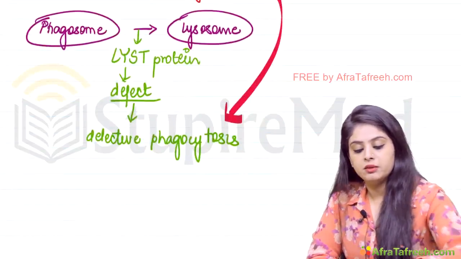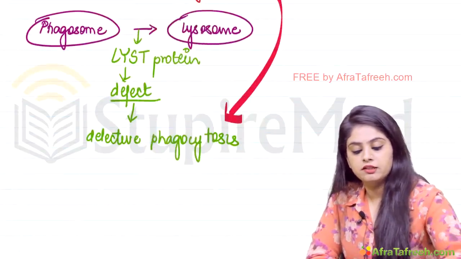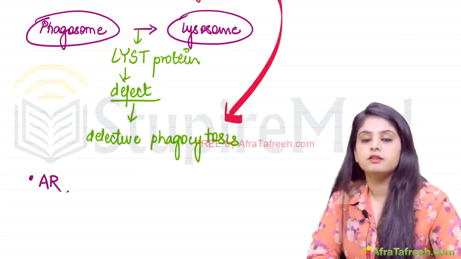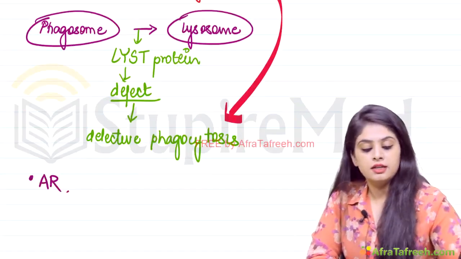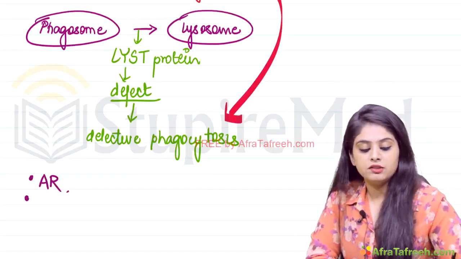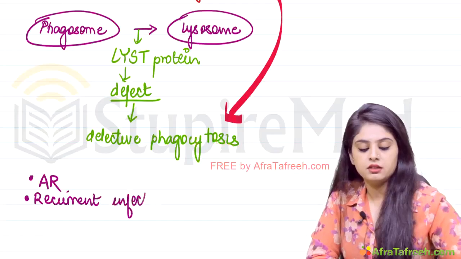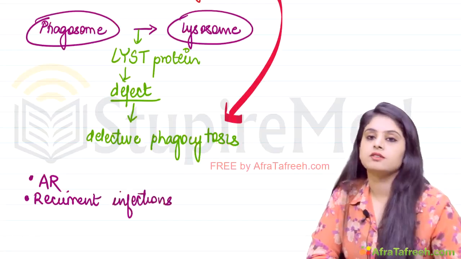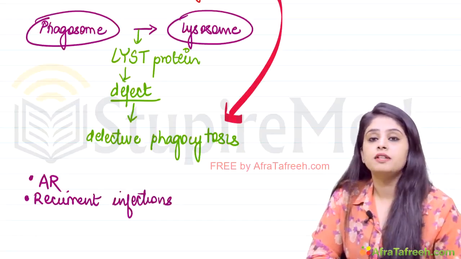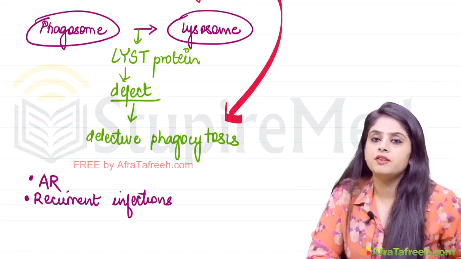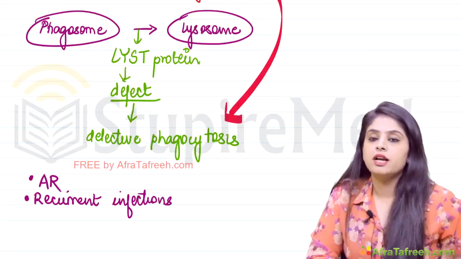There are a few points that we need to know over here. This particular disease is an autosomal recessive condition. And if phagocytosis does not occur, the patient will land up with recurrent infections. But then how will we differentiate this from other diseases? In every disease there is a problem in the cellular event, because of which infection the child will suffer from.